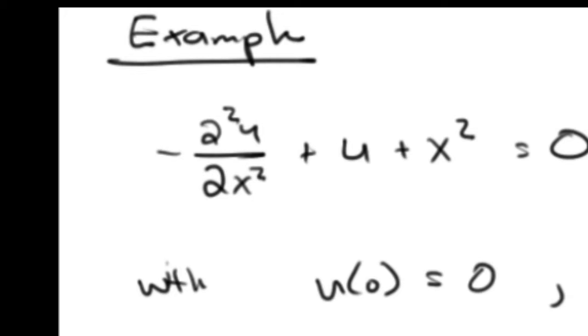Remember last time we said that these have to be linearly independent, right? So they clearly are. This multiplied by x and multiplied by x. So they are linearly independent, all right?